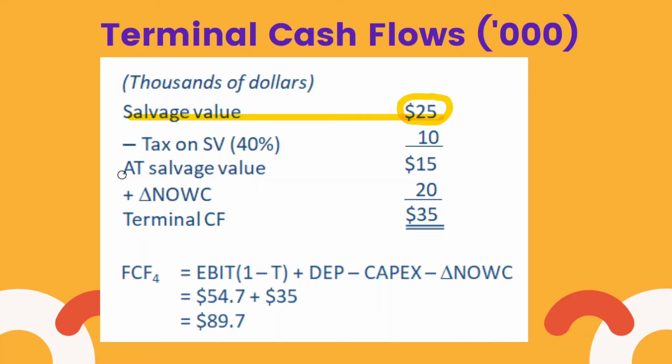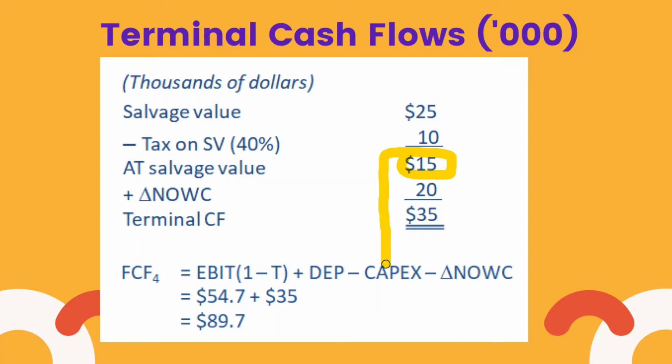But what is relevant in the valuation is the after-tax cash flow. So we will calculate the after-tax salvage value, which is equal to $15,000, given that the marginal tax rate is 40%.